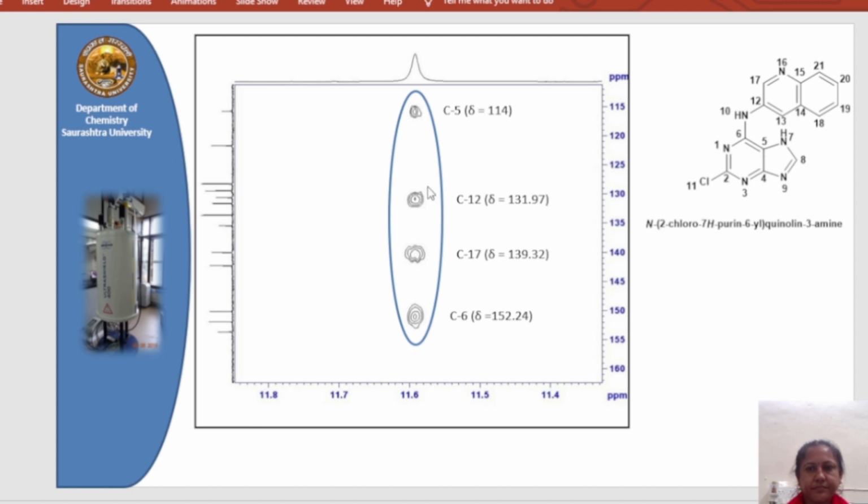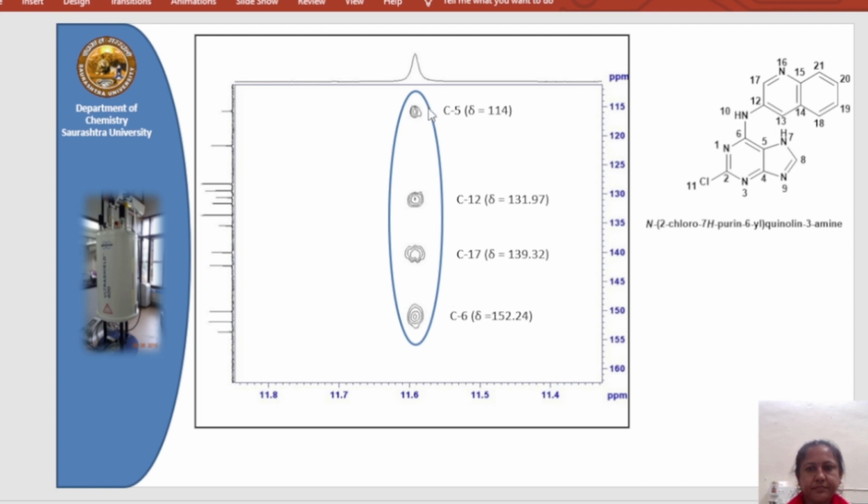Then we travel to the second coherence peak, and we find it is related to carbon 12, situated in the phenylene ring system. The third peak is C17, also situated in the phenylene ring system, and the last one is C6, which is related to the purine ring system.